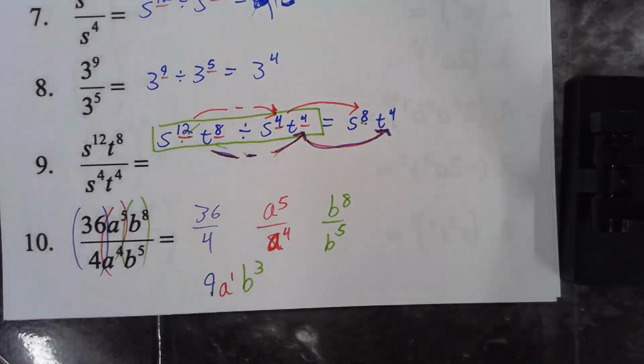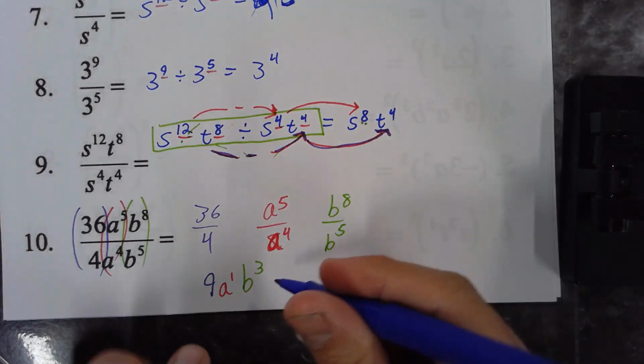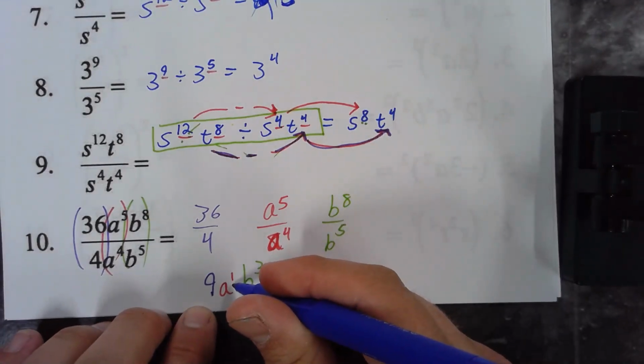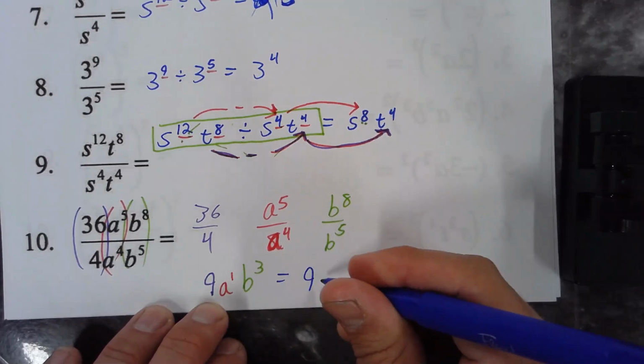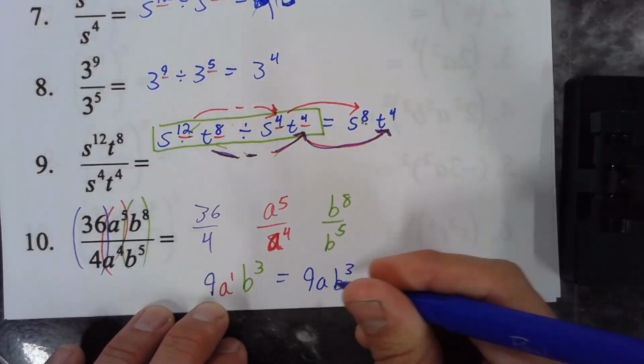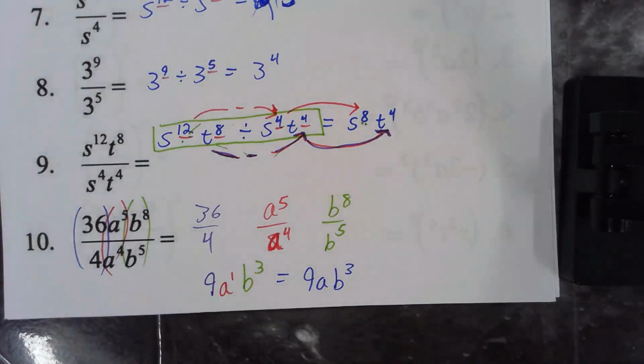Sure, yeah. Let me say one thing before you do that, Jermaine: when you have anything to the first power, it's just itself. So really, I wouldn't write it like that. I would write it as 9a times b to the third. Because remember, anything to the first power is just itself. 1 to the first power is 1, 100 to the first power is 100, a to the first power is just a.